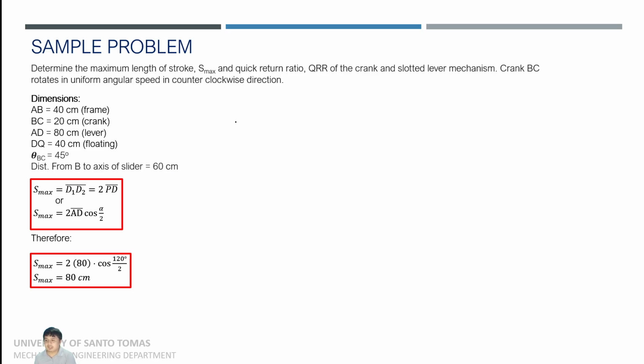We can imagine again, I'll draw again this quick return mechanism. So we have this point A and B, and let's just imagine this is your D. So you have B, you have A, you have D here, and then for example this is Q. Let's say this is your maximum or the extreme positions here.